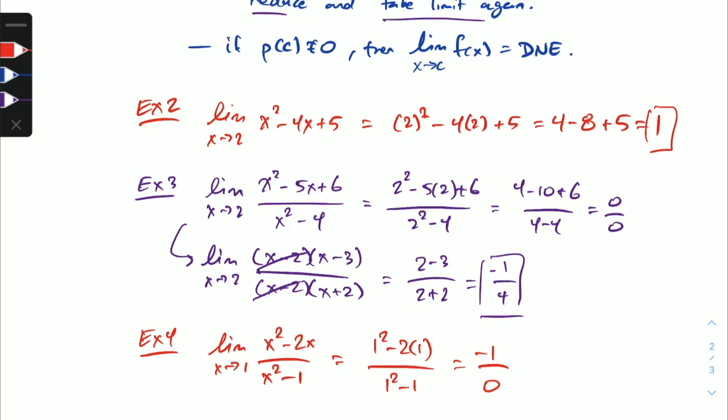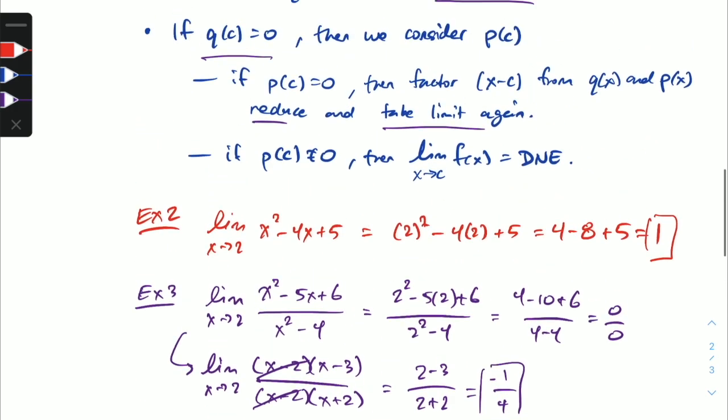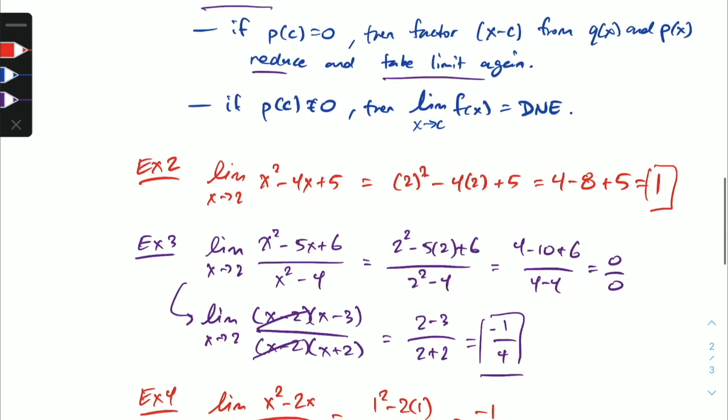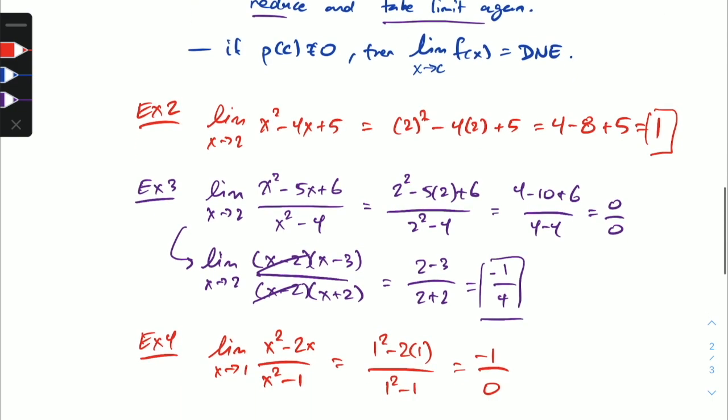And that is not existing, right? So going back to our rule here, the numerator polynomial, the p of c, is not equal to 0, but the q of c equals 0. Okay, and that's essentially what's happening to this rational function, it's blowing up. It's negative 1 over something that's going to 0, so that's blowing up. So this is DNE.